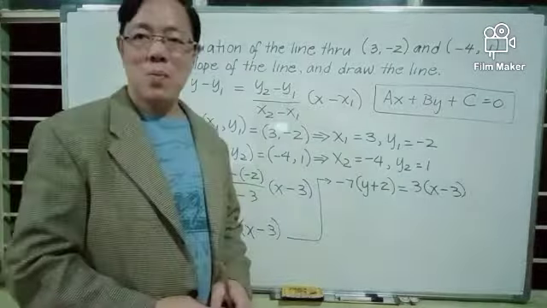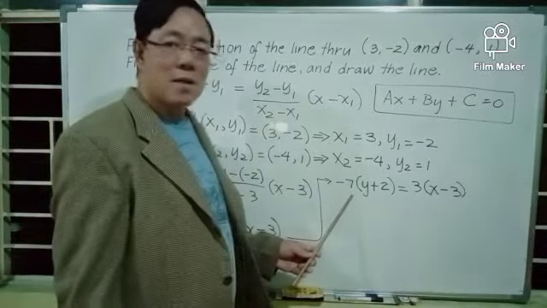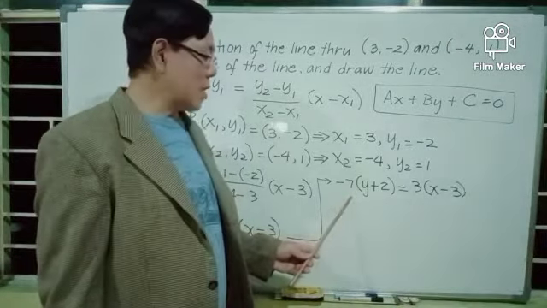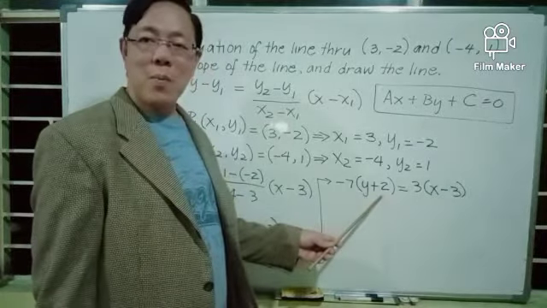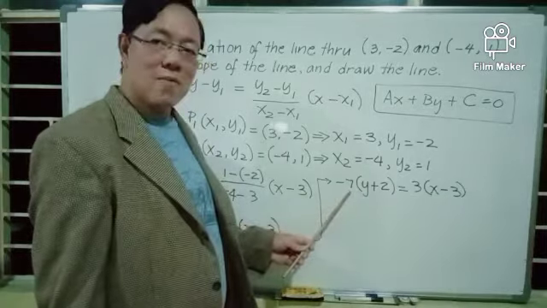We remove the grouping symbols by applying the distributive property of multiplication. We multiply each term of this binomial by negative 7.